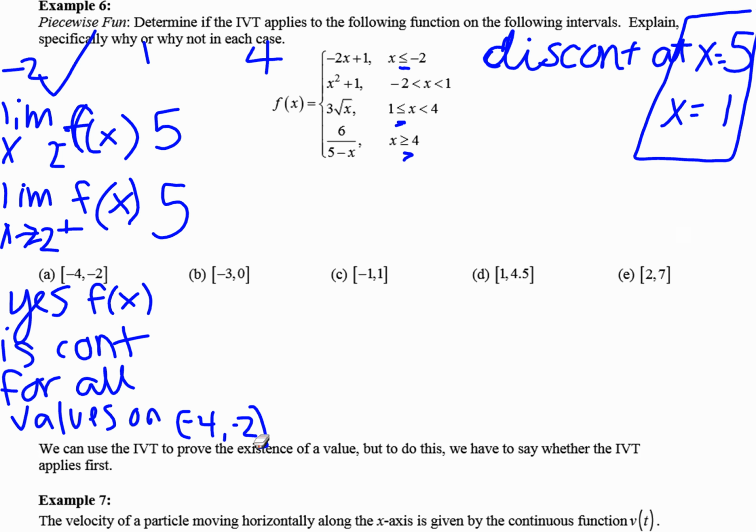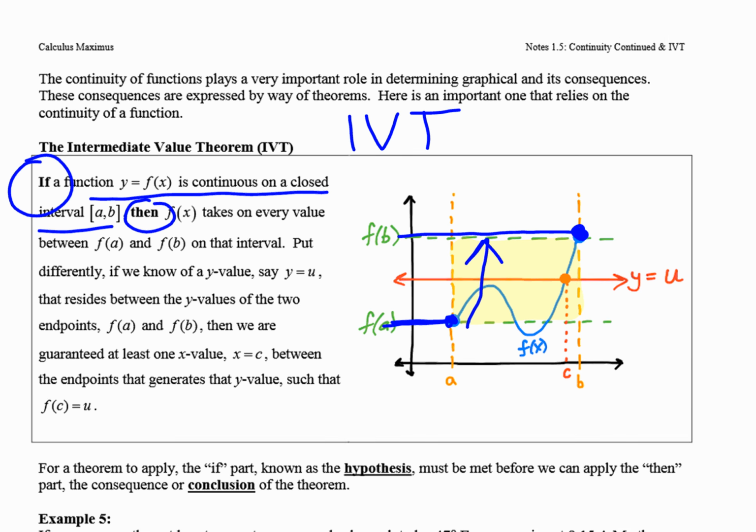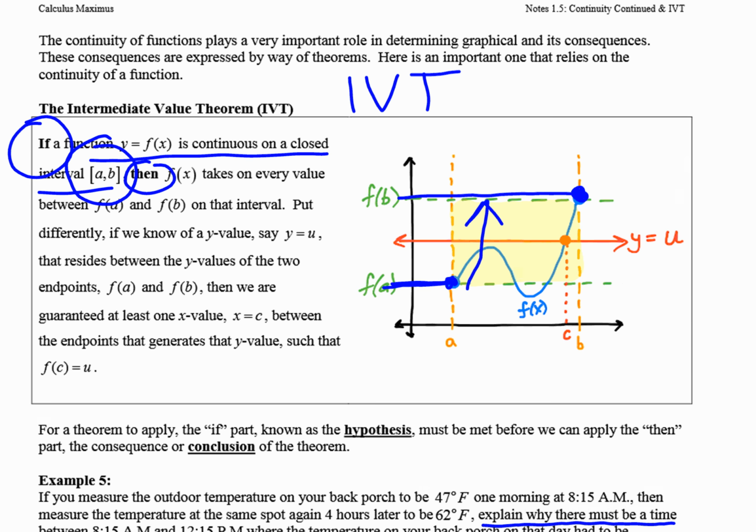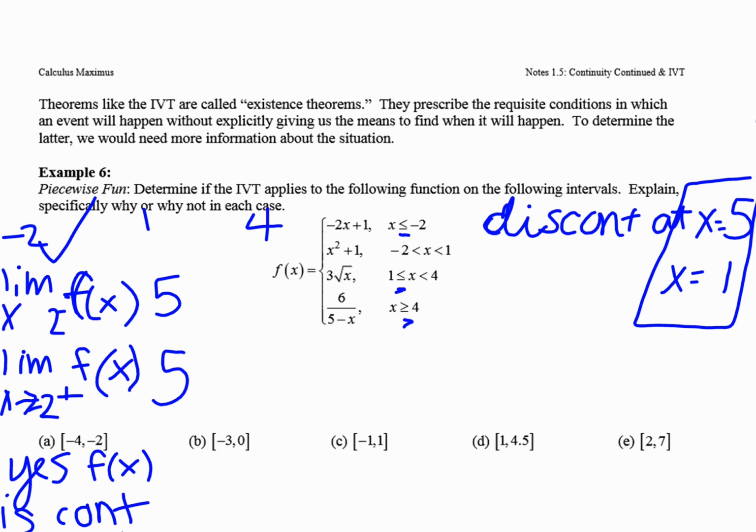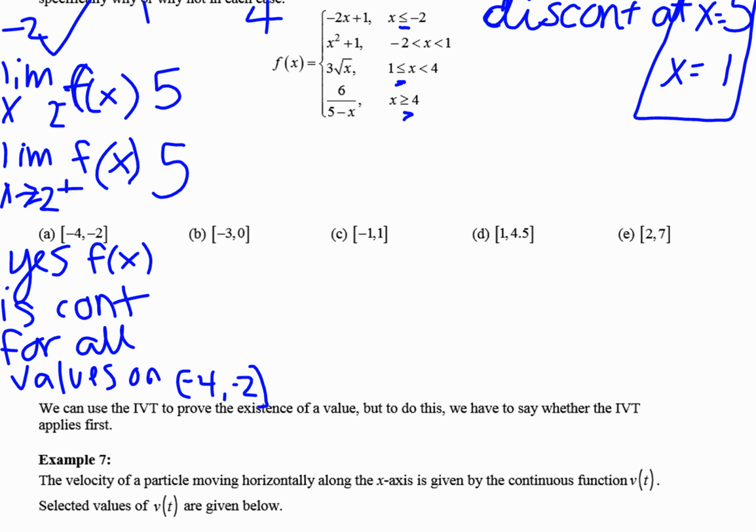Okay. And something to note here with the IVT, it must be continuous on a closed interval. That's important. That'll come up a lot later. They'll try to trick you. All right, how about -3 to 0? This looks like yes, because f of x is continuous for all values on -3 to 0.